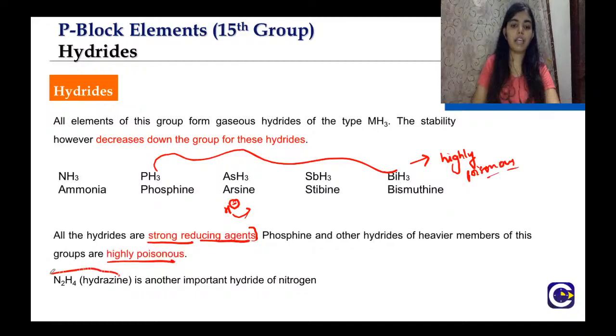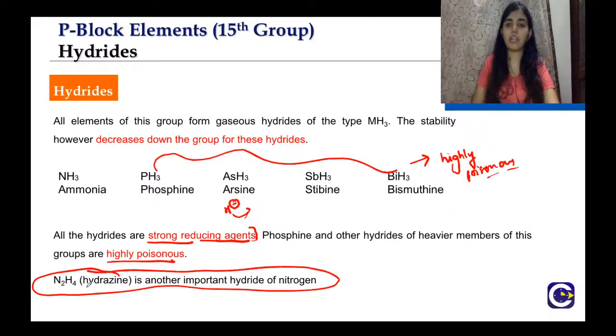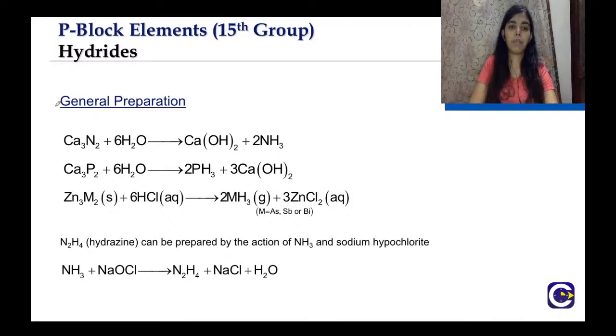Hydrazine is another important hydride of nitrogen. This is important, as I have told you that hydrazine is used as a rocket fuel, so you can remember this about hydrazine. Now the preparation: calcium nitride treated with water, or calcium phosphide treated with water. If you treat nitride with water, you will get ammonia. If you treat phosphide with water, you will get phosphine, right? And if you take the compound made up of zinc and M, where M is arsenic, antimony or bismuth, you can get the typical hydride.